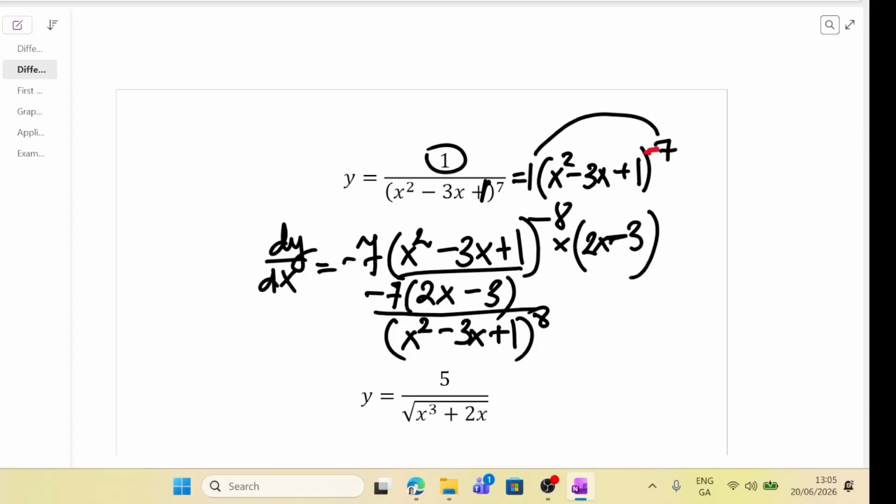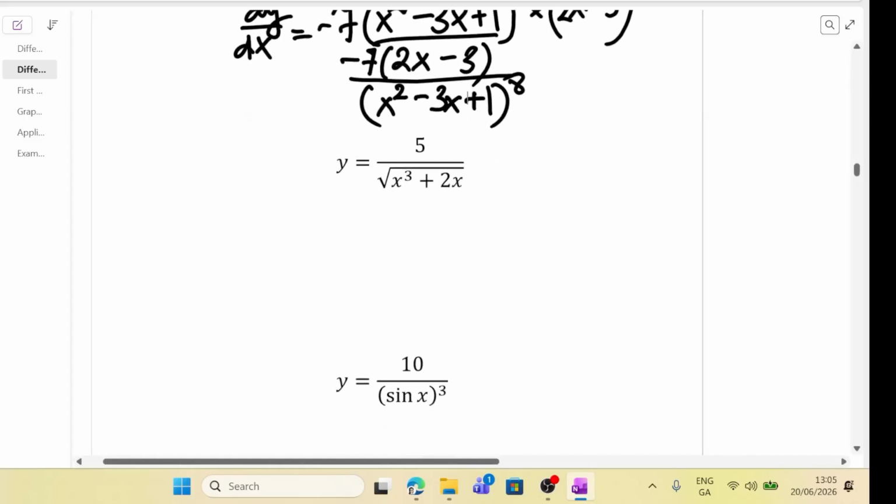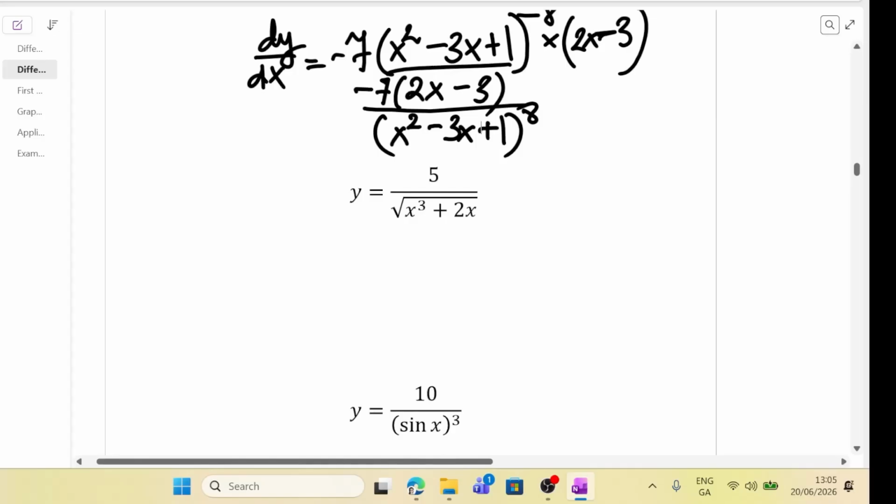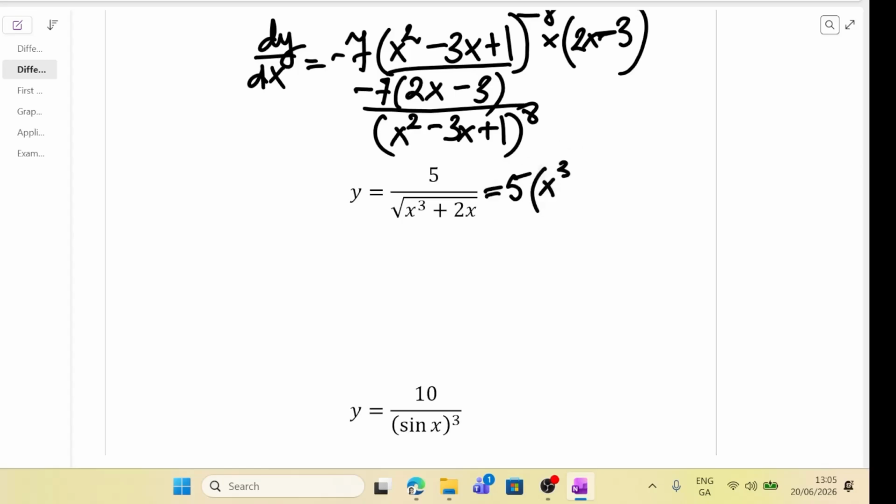So what we're going to do over here is change that. This time I have a fraction and a square root, so it will be a negative and fractional power, so that will give me x cubed plus 2x to the power of minus a half, and then I multiply out, so I get again the chain rule here.